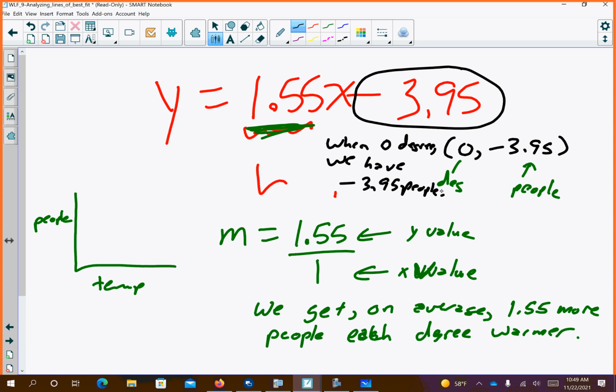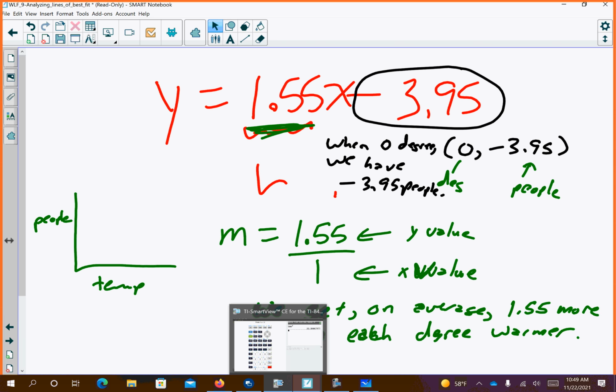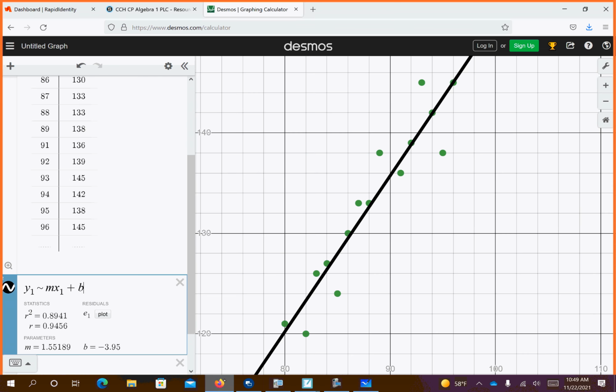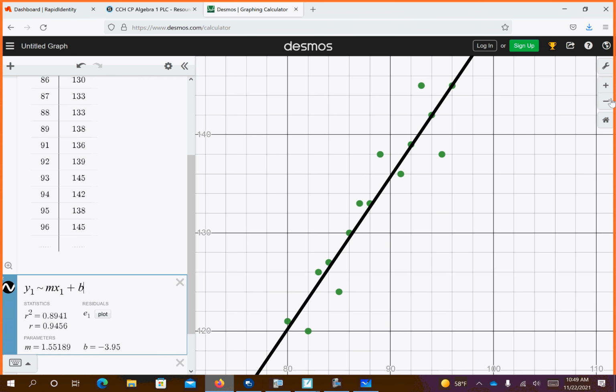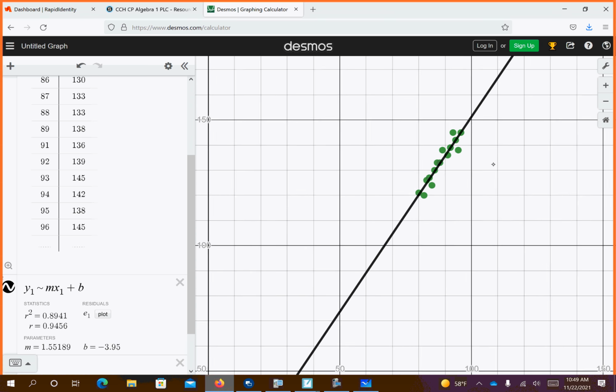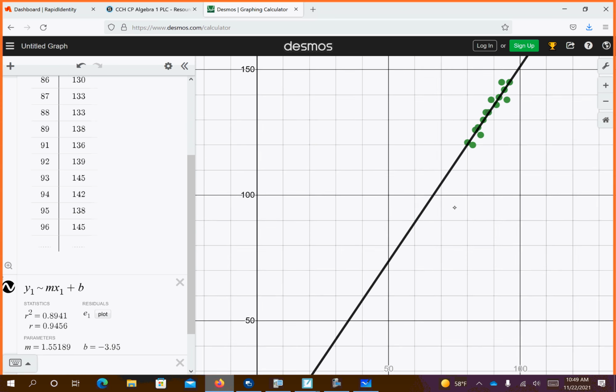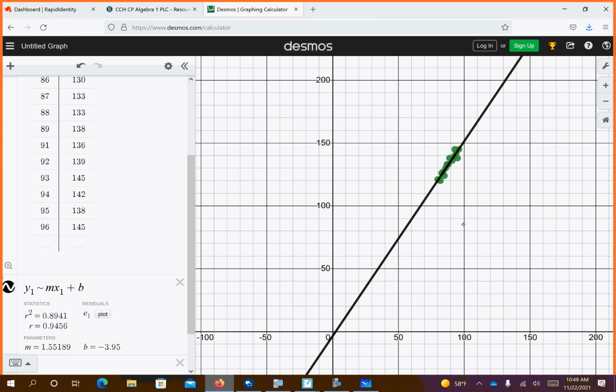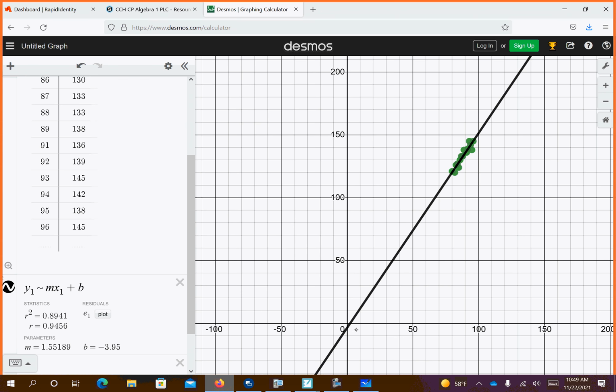But the nice thing is, I feel this Desmos is a pretty powerful tool that allows you to see an awful lot of information about lines of best fit. Down here is our y-axis.